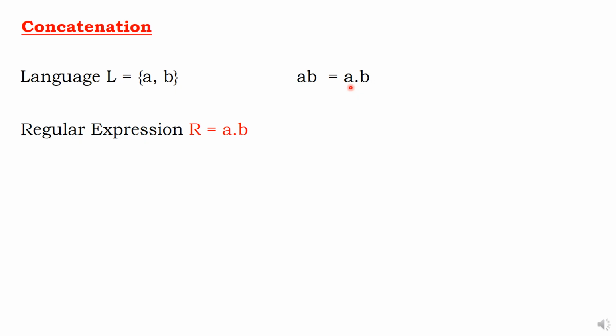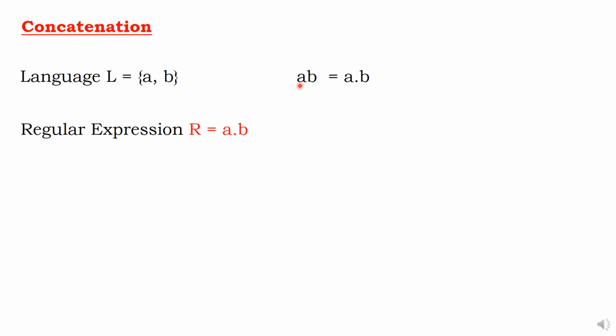I do have concatenation, which means one after the other. Consider the language A comma B. We represent it as AB most of the time. When you write it as an expression, A dot B, most of the time we won't write the dot. It's understood. A dot B or without the dot AB, both are one and the same.